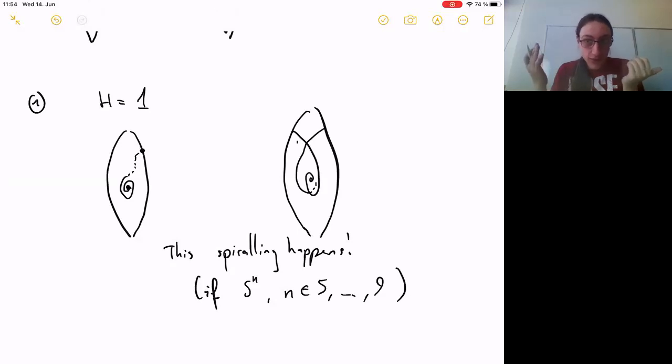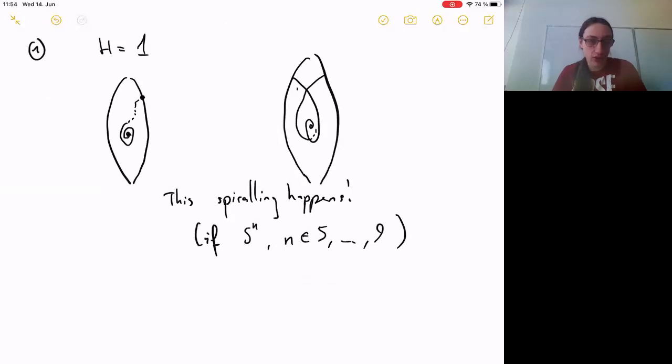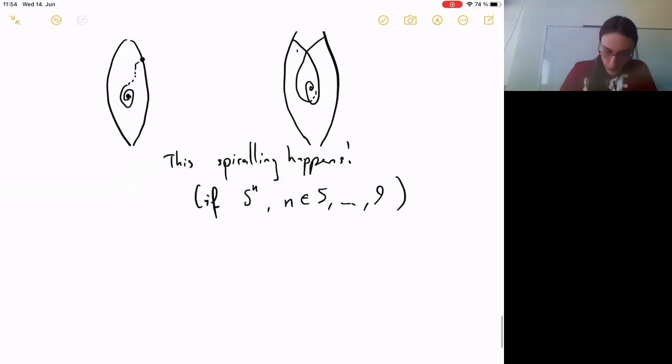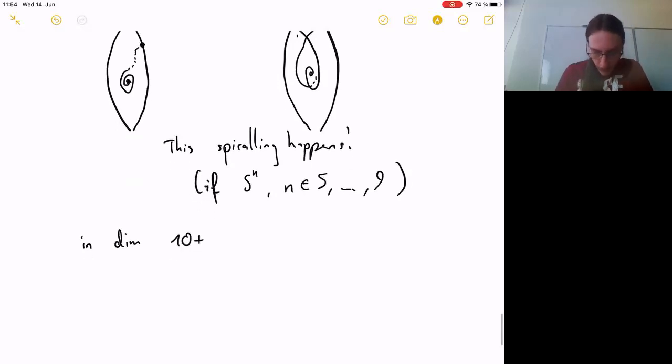But it just stops being true. Above dimension 9, this is just not what happens. In dimensions 10 and up, this is not going to happen, and you're going to have directions that limits can come in.